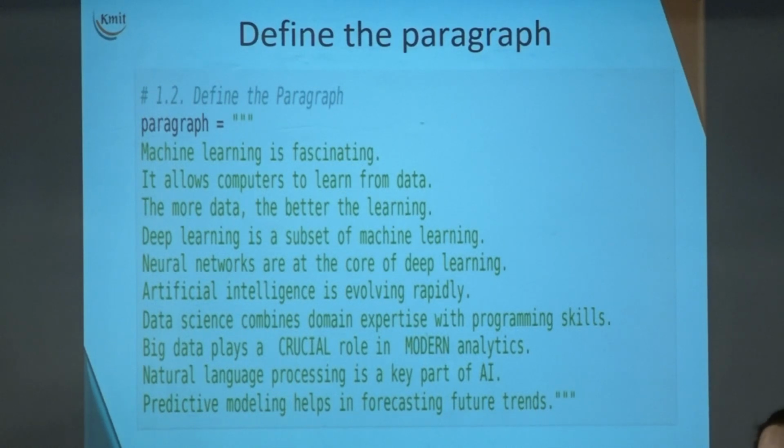It constitutes a lot of upper cases, lower cases as well, obviously. And a lot of insignificant words like a, the, is, all of these are present. Significant words are also present like fascinating, machine learning, data, and so on. So overall, you have to define what text you want to pre-process.